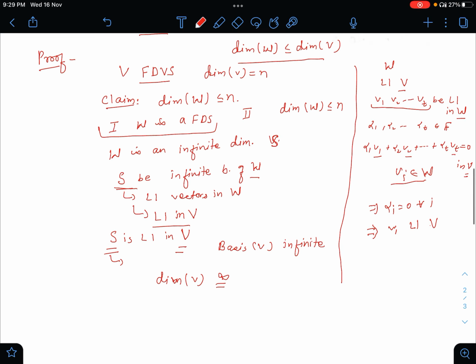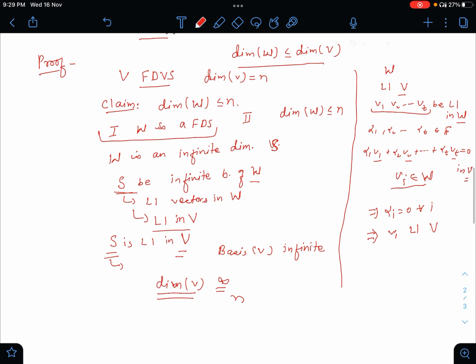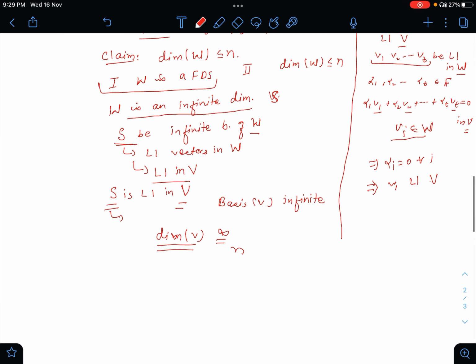This is a contradiction to the given statement that dimension of V is finite, that is n. That means our assumption that W is an infinite dimensional vector space is incorrect, which implies that W is a finite dimensional subspace of V.